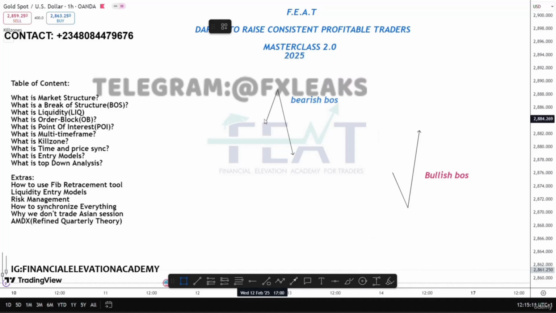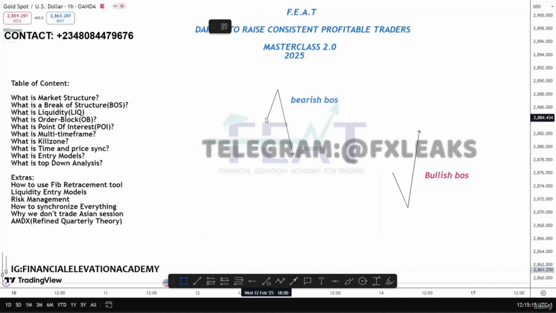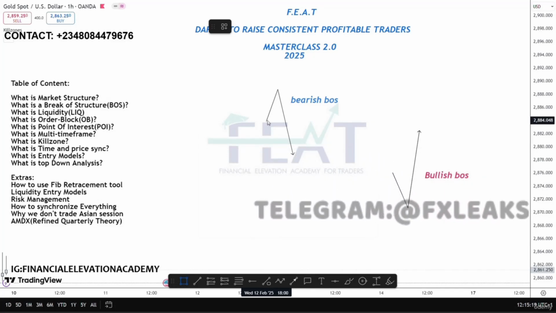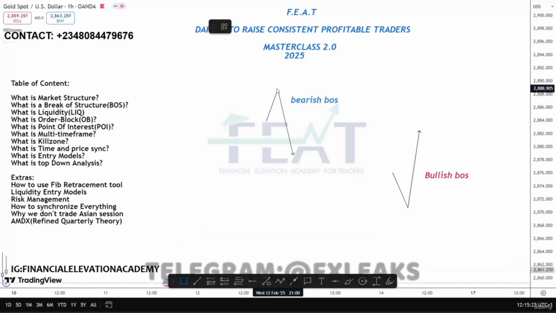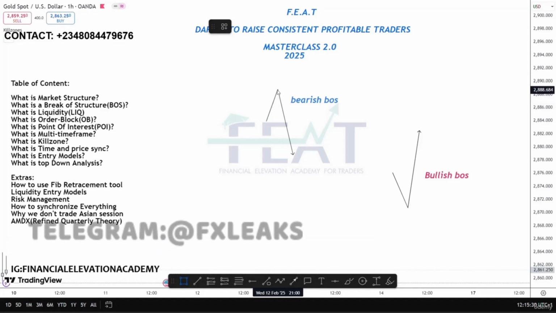Now, the reason why it's called an order block is, I would say, with my own understanding, if you notice, there were sets of buys going on here, and when price got to this level, nobody in the whole wide world was willing to push price beyond this point.